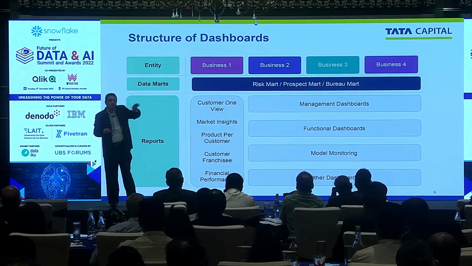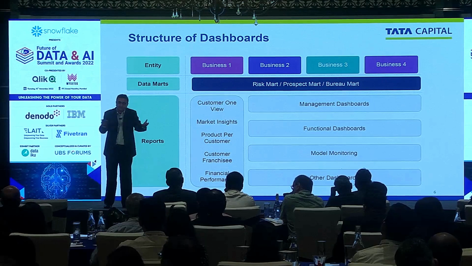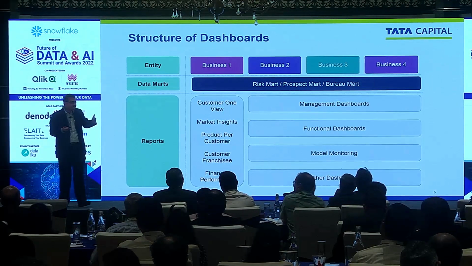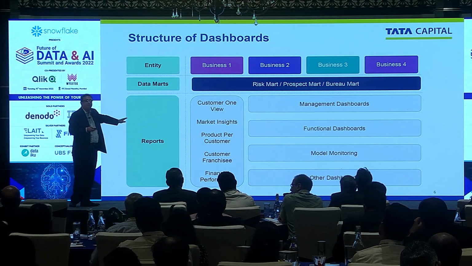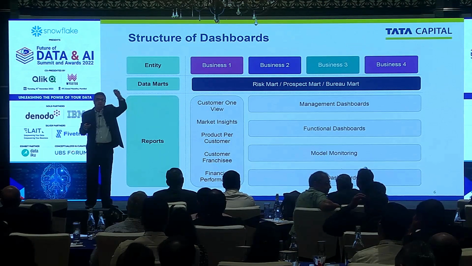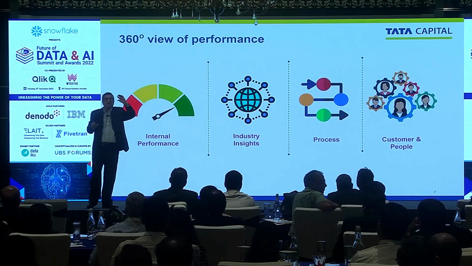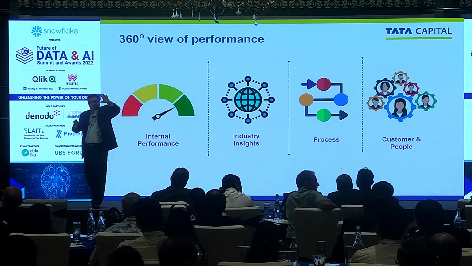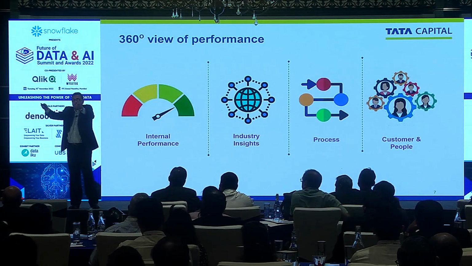In Tata Capital we have 4 different businesses, and some things are common, like customer one view. That's the beauty of having a lake. Then there is an analytics layer which cuts across and is repeatable.